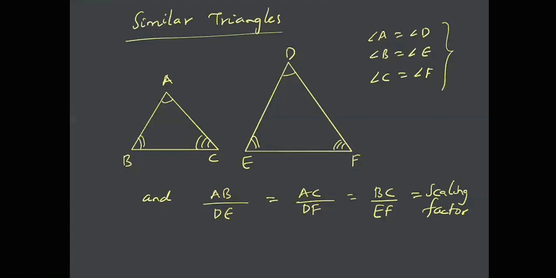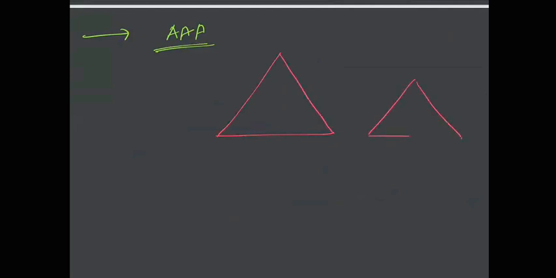So let us do an interesting property of similar triangles. First let us study under which conditions we can say that the triangles are similar. First one is that if all the three angles are equal in two triangles, then the triangles are similar, right? So say you have two triangles, ABC and DEF.